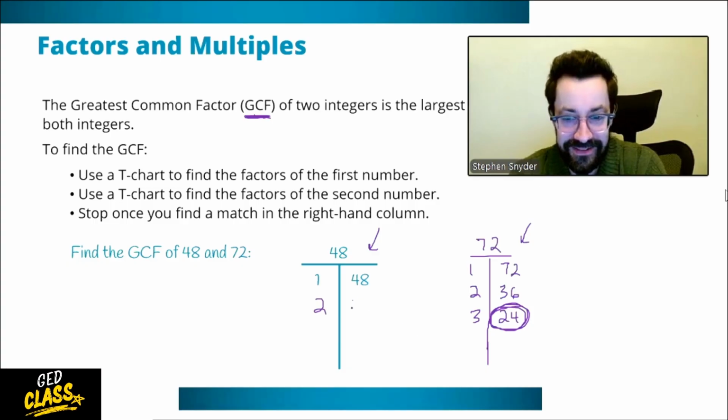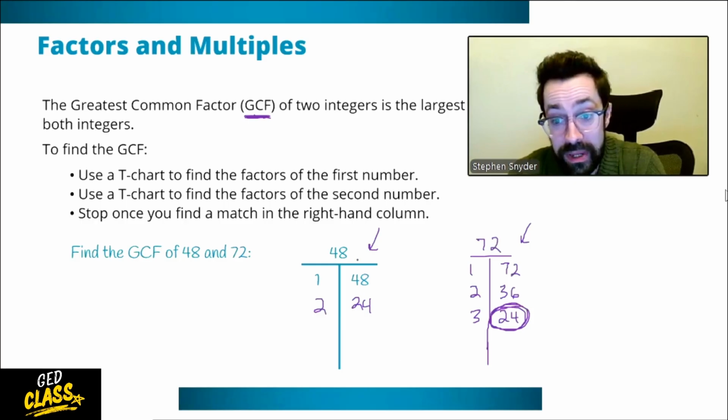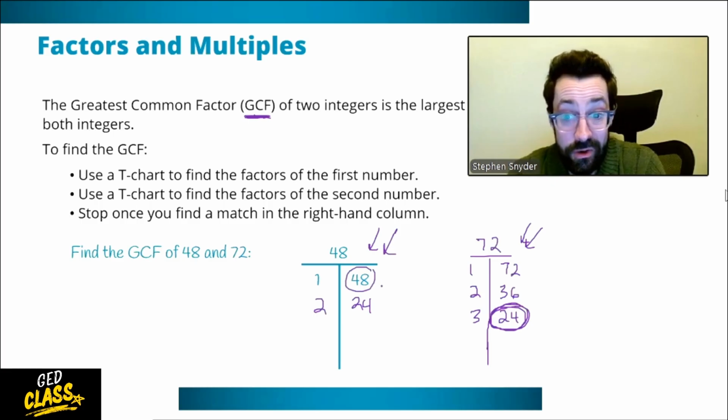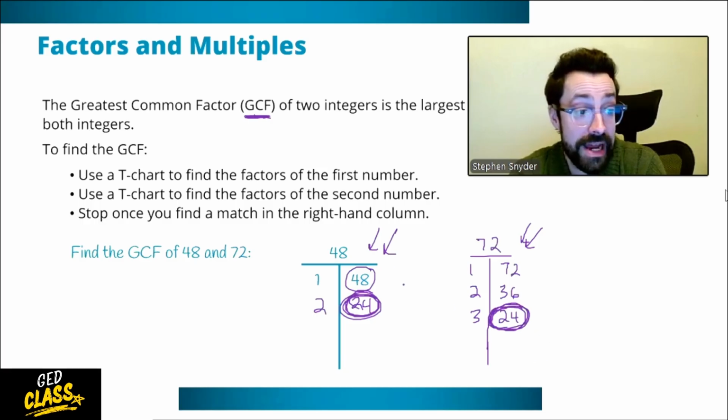Yes, 24 times. We could keep going and get the other factors, but since this column is always the biggest, they don't share 48 between them, but they do share 24 between them. So we can just stop right here and say 24 is the greatest common factor.